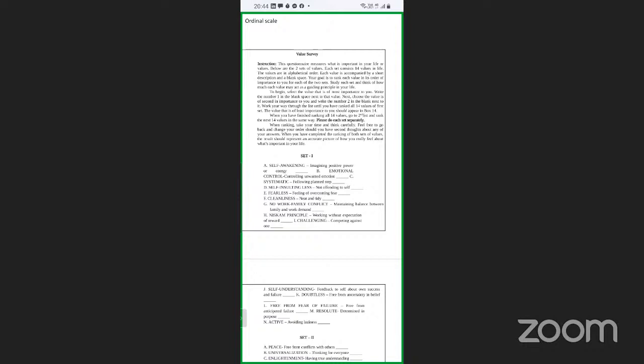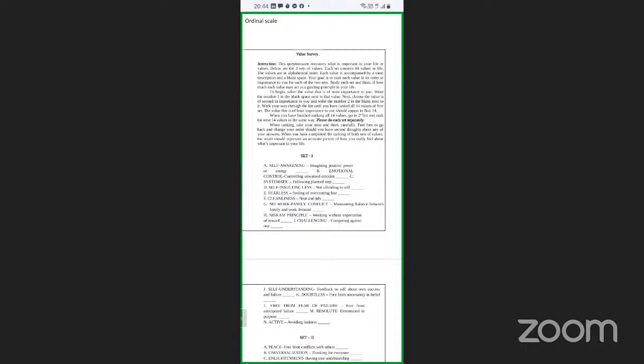F, cleanliness: neat and tidy. G, no work-family conflict: maintaining balance between family and work demands. H, Niskam principle: working without expectation of reward. I, challenging: competing against oneself. And J, self-understanding: feedback to self about own success and failure.